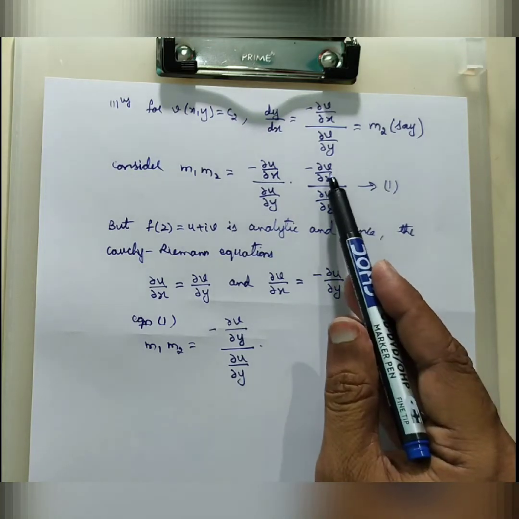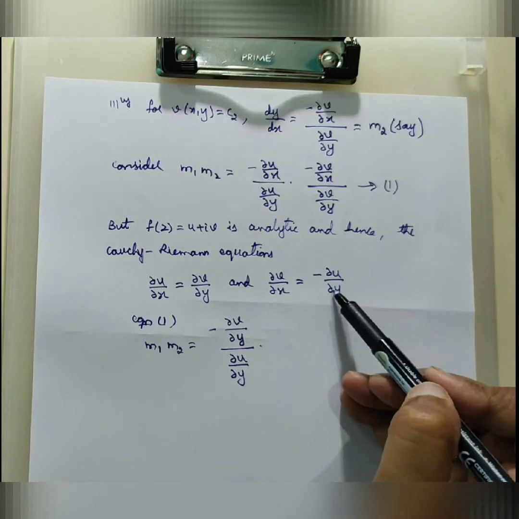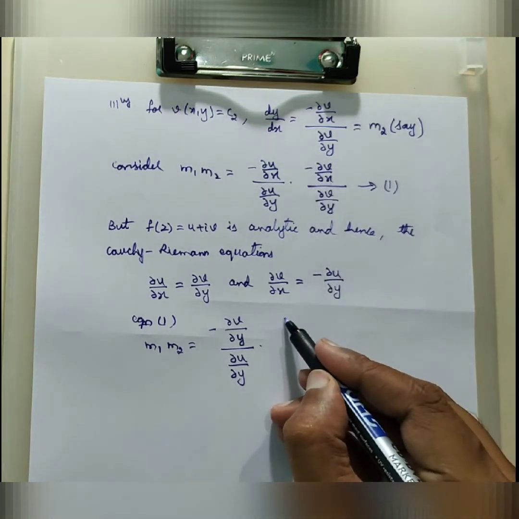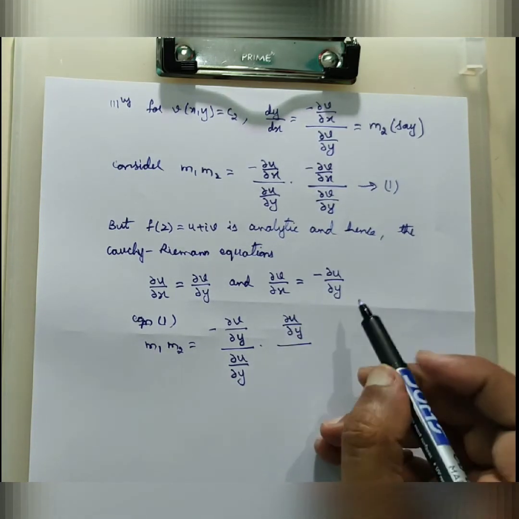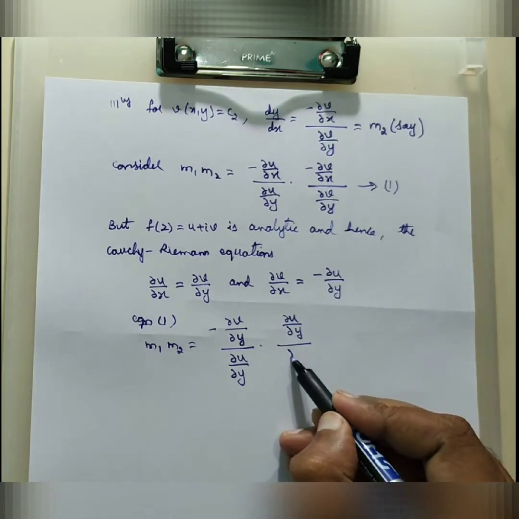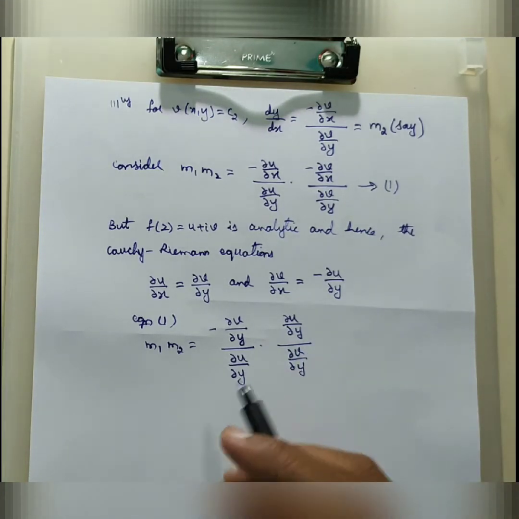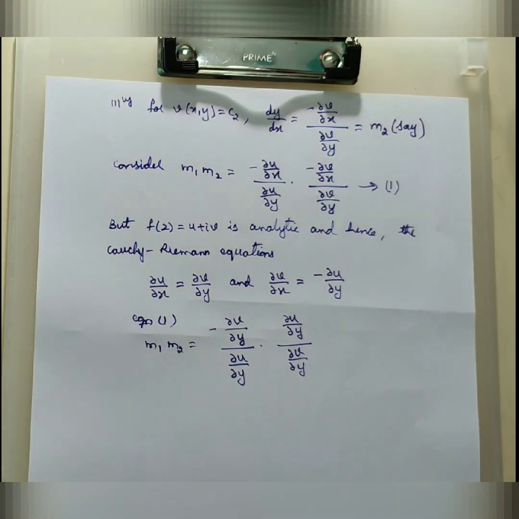Here minus dou v by dou x. So dou v by dou x is minus dou u by dou y. So this minus of minus will become plus, and we get dou u by dou y, whole divided by the denominator retained as it is, dou v by dou y. Now you can see that the numerator and denominator will cancel out.